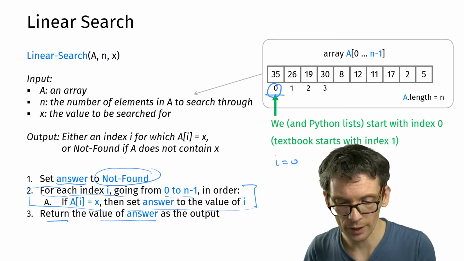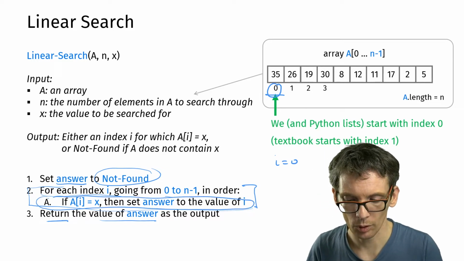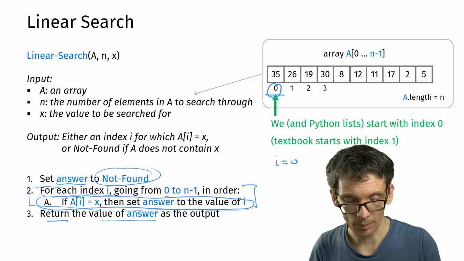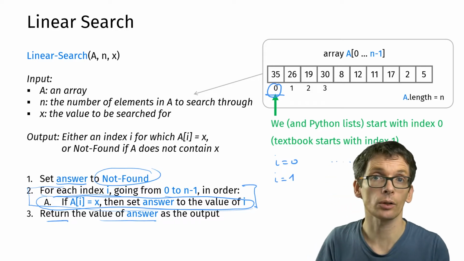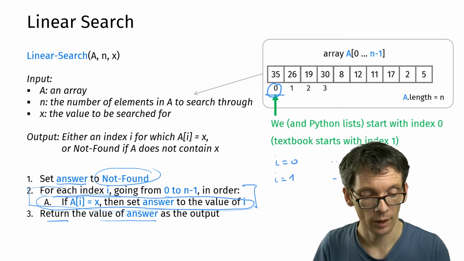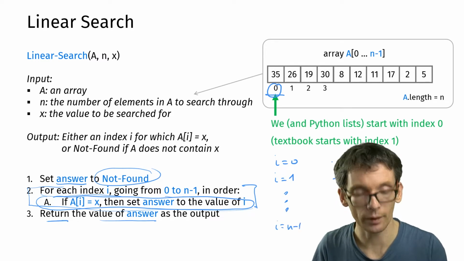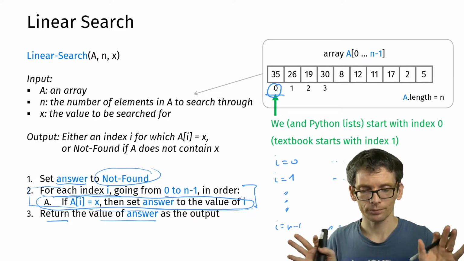And then for I is 0, I'm going to execute whatever is in here. When I'm done with that, I'm going to set I to 1. And I'm again going to execute that line. And I'm going to continue with this until I is n minus 1. Then I still execute this, and after that, I stop.